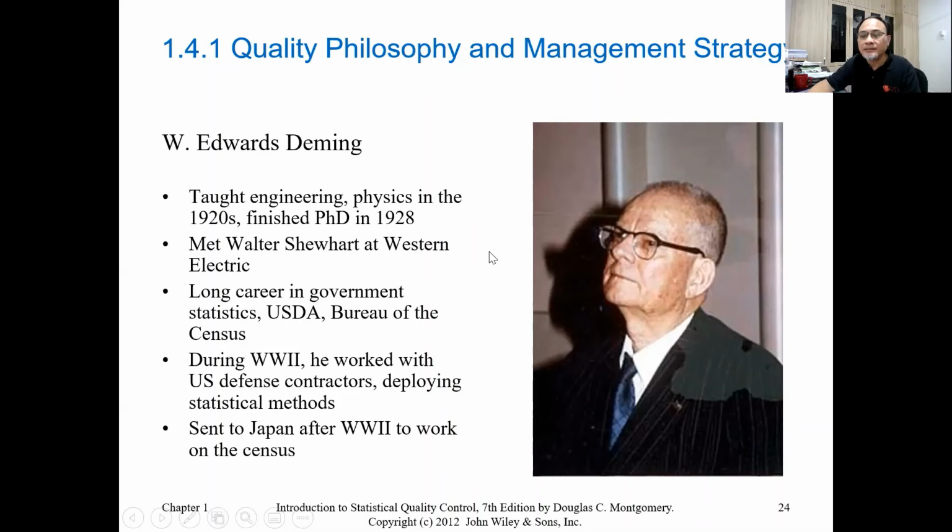But he's an engineer, so he says that you must use statistical tools, but at the same time, management must take the responsibility to put quality at the strategic level. Quality shouldn't be put at an operational level.